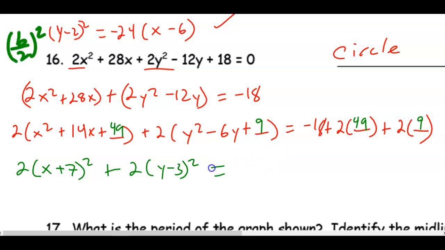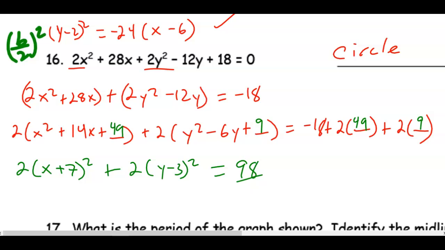And right here we have negative 18 plus 98 plus 2 times 49, which is 98. That equals 98, right? Yeah, equals 98. And then just divide everything by 98. Oh, actually, no, I'm tripping on a circle.